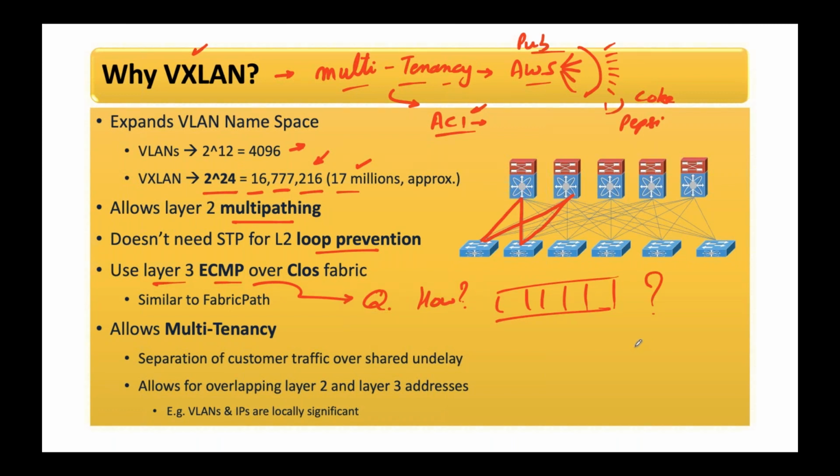Later in the class, before completing the theory portion, I will give you the answer, and during our theory sessions I will keep giving you hints to find the correct answer. This means we are going to discuss the VXLAN header as well. One field in the VXLAN header is to be credited for providing equal cost multipathing, and I told you about multi-tenancy.